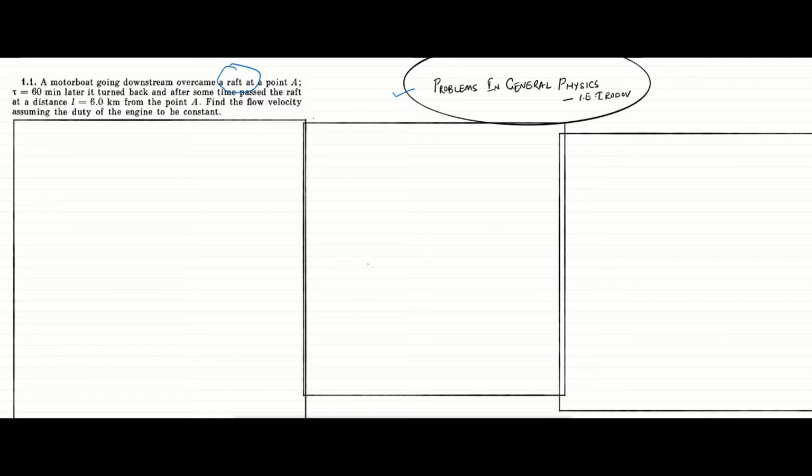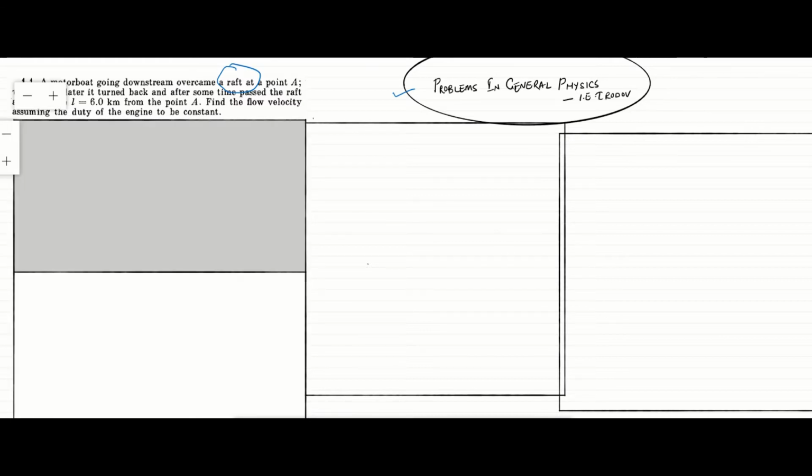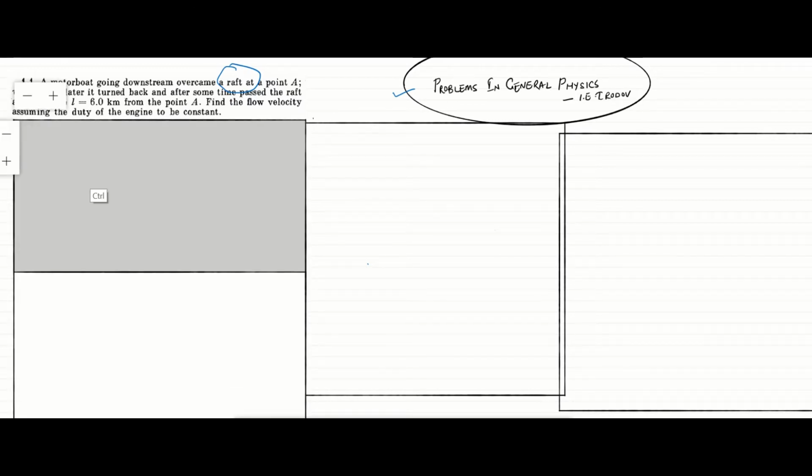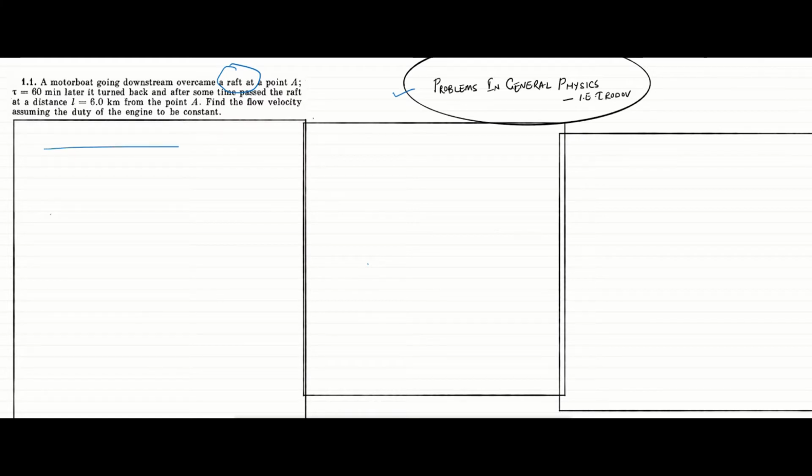So let's quickly draw a diagram. This is the direction of the stream, and suppose u is the speed of flow. It's also called flow velocity.